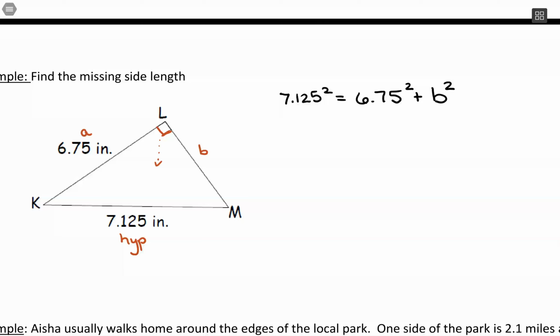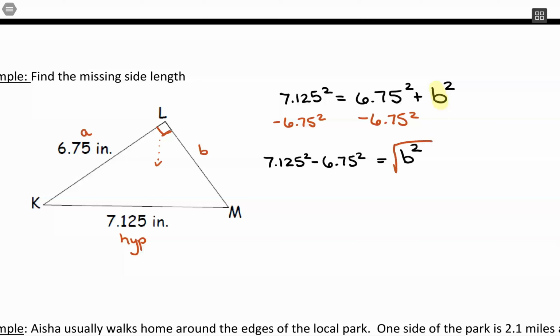So the key is I want to get b all alone on one side of the equation. So I have the 6.75 squared adding on to it, so I need to subtract that from both sides. So that means on the left-hand side of the equation, in kind of a long form, I have the 7.125 squared, and we're subtracting 6.75 squared. Equals, and then on the right hand side that all cancels out, so all we have is b squared.